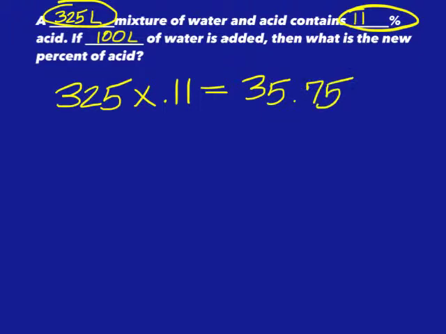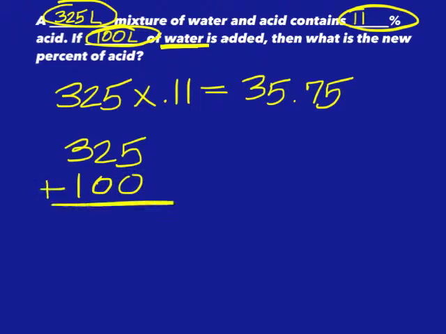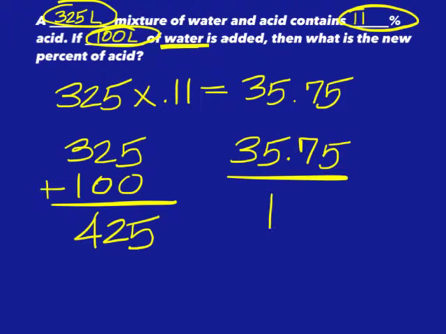35.75. Now you're adding 100 liters of water. That means you started with 325, but you're adding 100 liters of water. So your new total should be 425. To figure out what the new percent of acid would be, you divide the number of liters of acid by the total number of liters in the new mixture.